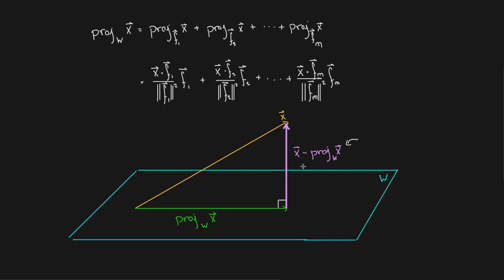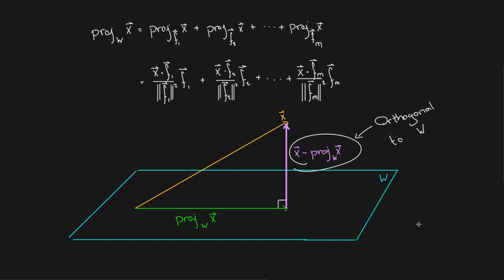This vector here is orthogonal to W. For every vector in W, it's going to be orthogonal to that vector. That's going to be a crucial concept for this section. I'm just going to leave it because that's an important observation: orthogonal to subspace W.